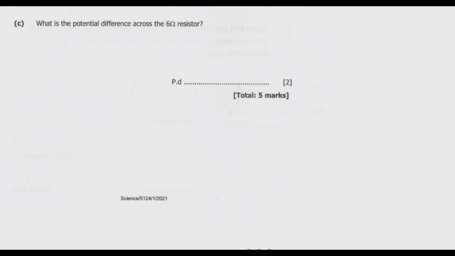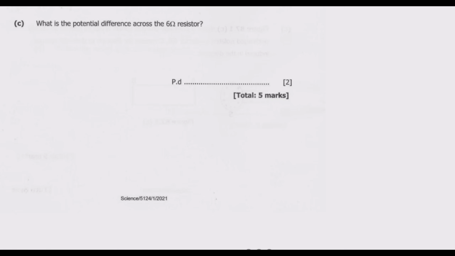What is the potential difference across the 6 ohms resistor? So potential difference in a series circuit will be different according to the resistor. Potential difference is basically the voltage, the energy between 2 points in a circuit.